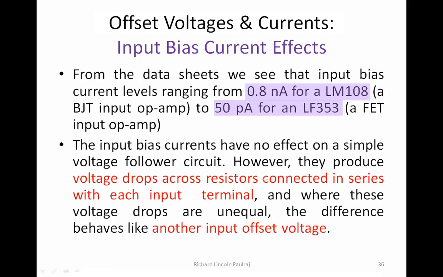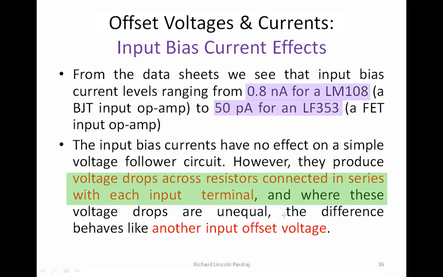The input bias currents have no effect on a simple voltage follower circuit. However, they produce voltage drops across resistors, right? This is what I'm referring to, the voltage drop happening across the terminals. Why is this voltage drop happening? It's because of currents, a small amount of currents. We saw that we have about 500 nanoamps, so these currents can drop across the resistor.